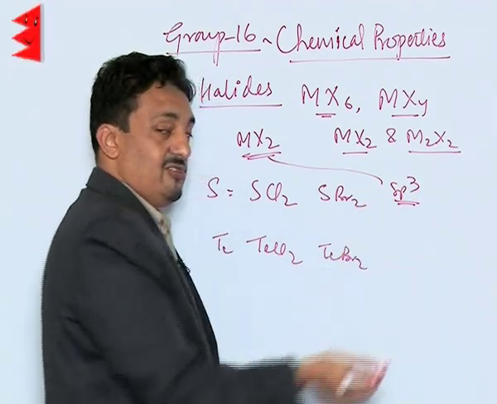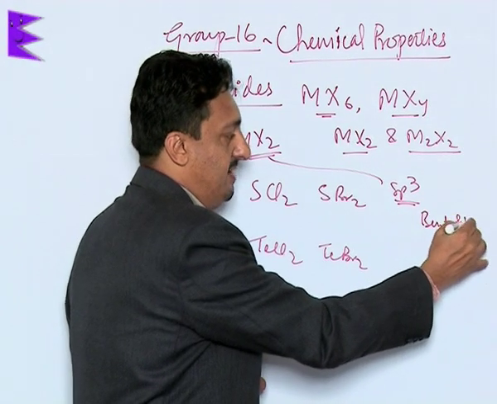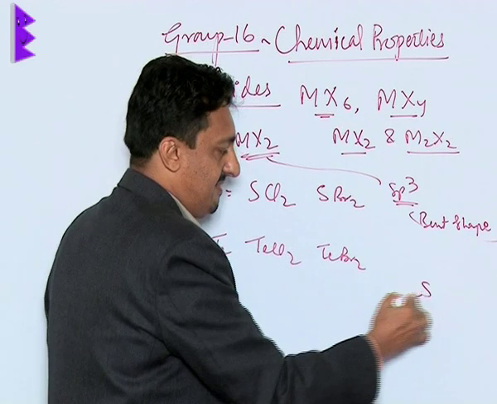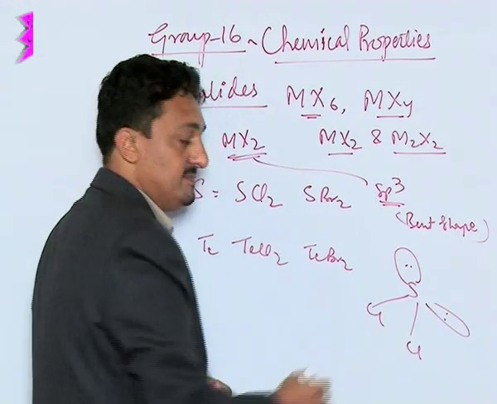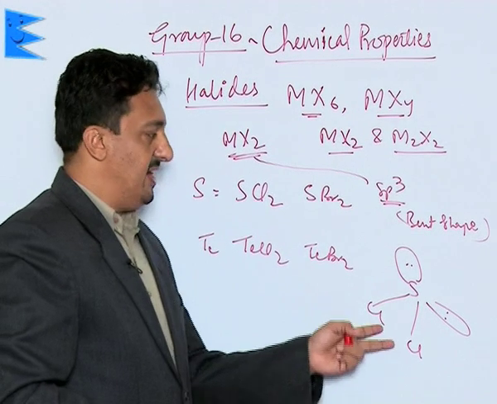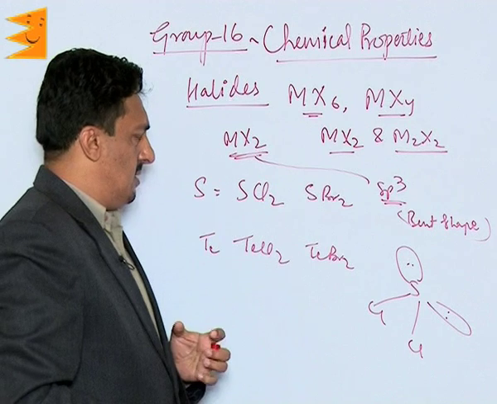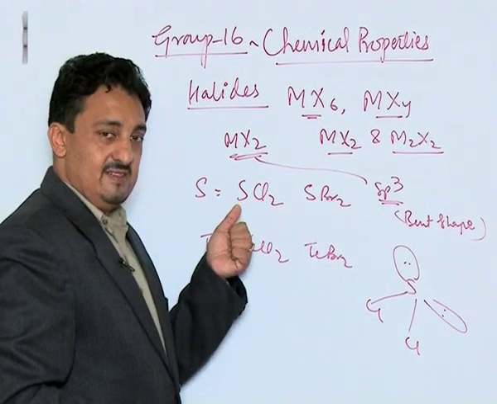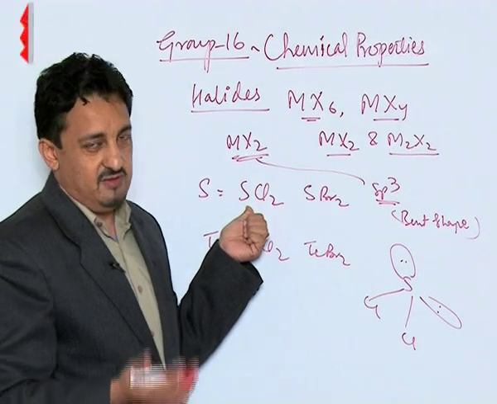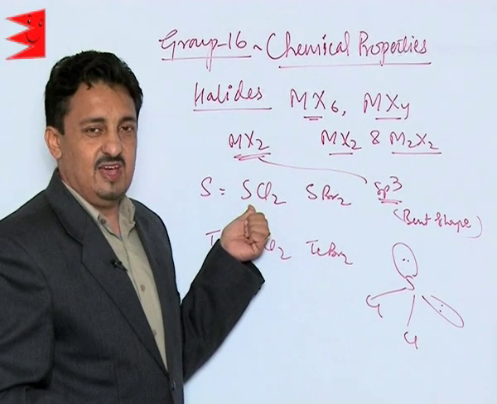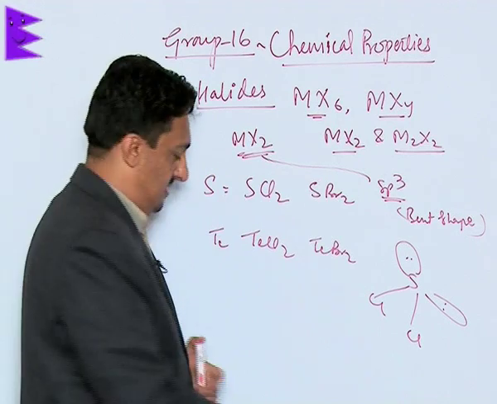They are isostructural to the water molecule, and their structure is basically bent shape. It's like sulfur with two chlorines here and the two lone pairs like this. So it's very much isostructural to your normal water molecule. Again, in this case we cannot get difluorides, because any element with fluorine always shows its highest oxidation state. So this is how they exist in the form of dihalides.